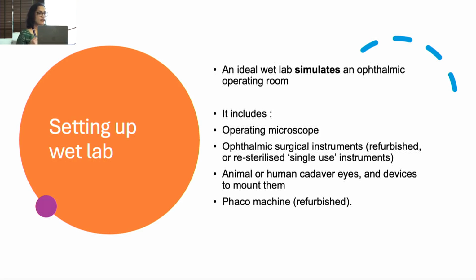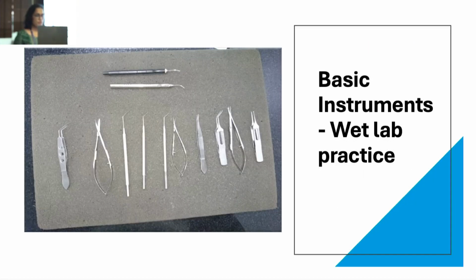We can use sheep eyes, goat eyes, or pig eyes, and a refurbished phaco machine. Setting up a wet lab in all the training institutes is very, very important. Even if the eyes are not available, we can always practice other things, like suturing. These are the minimum basic requirements for a wet lab session.